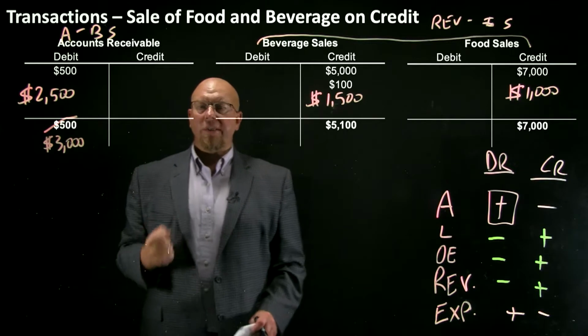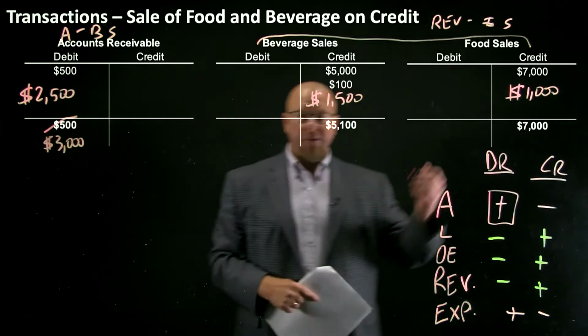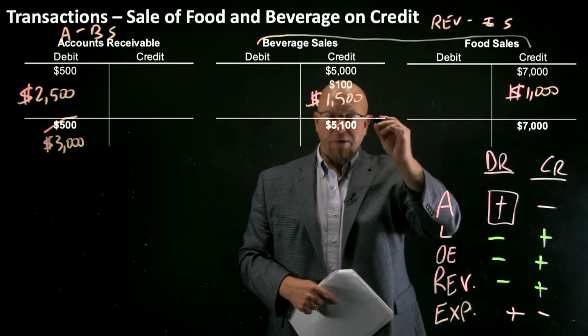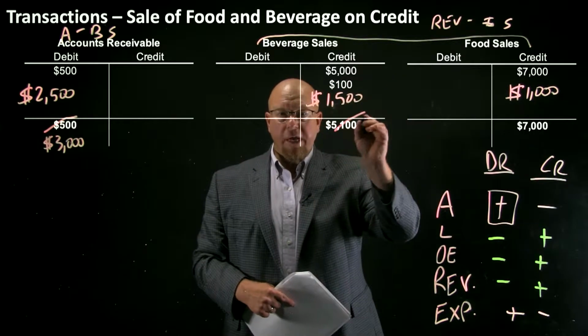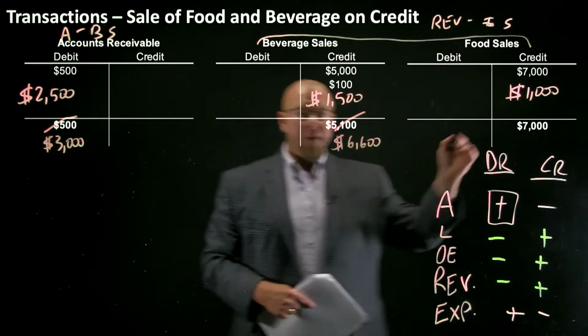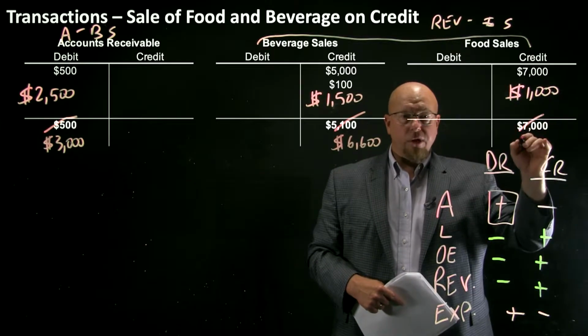We have the right to receive $3,000 from them. Okay, that's an economic resource. Our revenue in beverage sales for the period used to be $5,100. Now it's going to climb to $6,600. And the food sales revenue used to be $7,000. It climbs all the way up to $8,000.